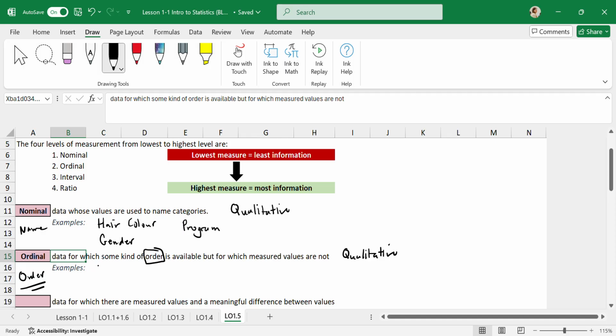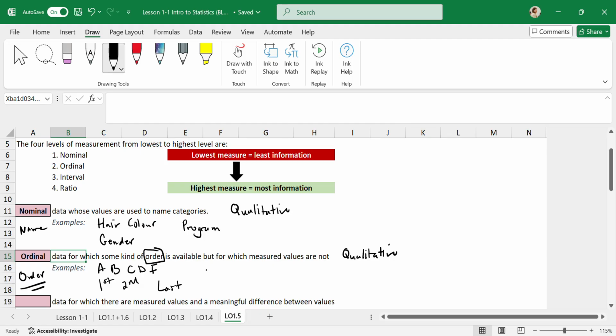So things like your letter grade, A, B, C, D, and F, those are categories, but you know that order matters, that an A is higher than an F. Things like what place you finished in a race, like I got first place or I got second place or I got last place.